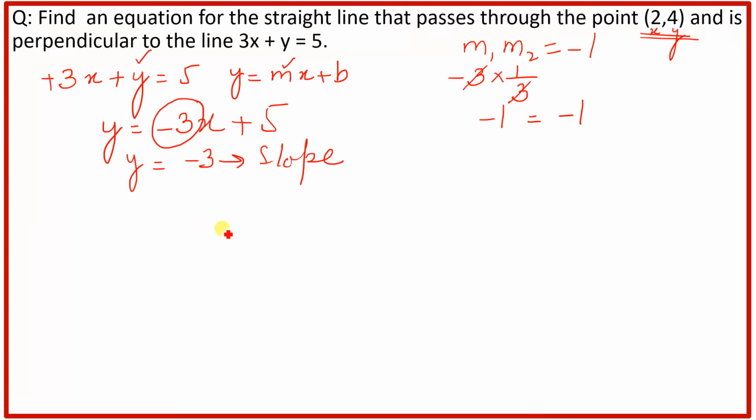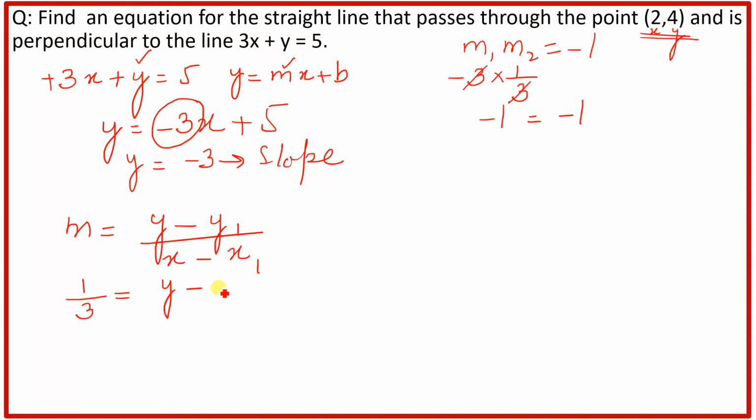Now here we use the point slope equation. The equation is m is equal to y minus y1 divided by x minus x1. The slope of the required equation is 1 over 3, and because we have only one point given, this is (x1, y1).